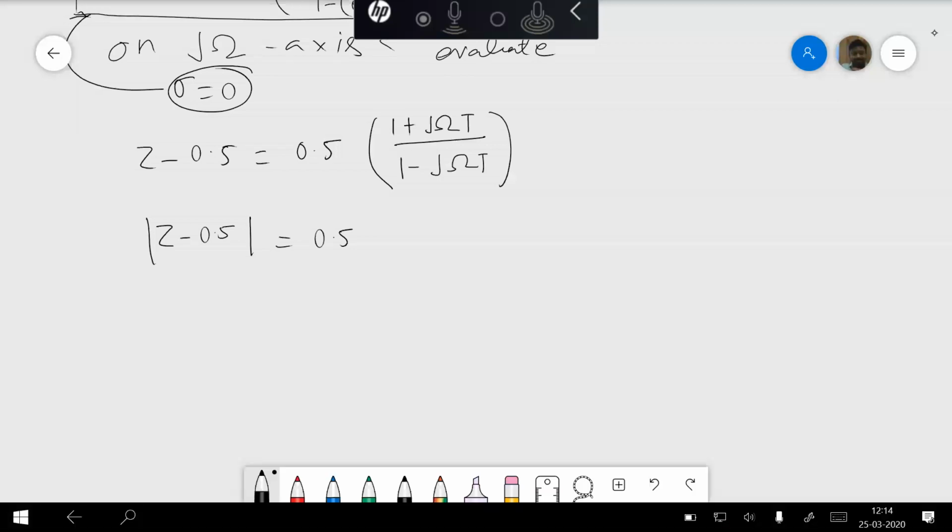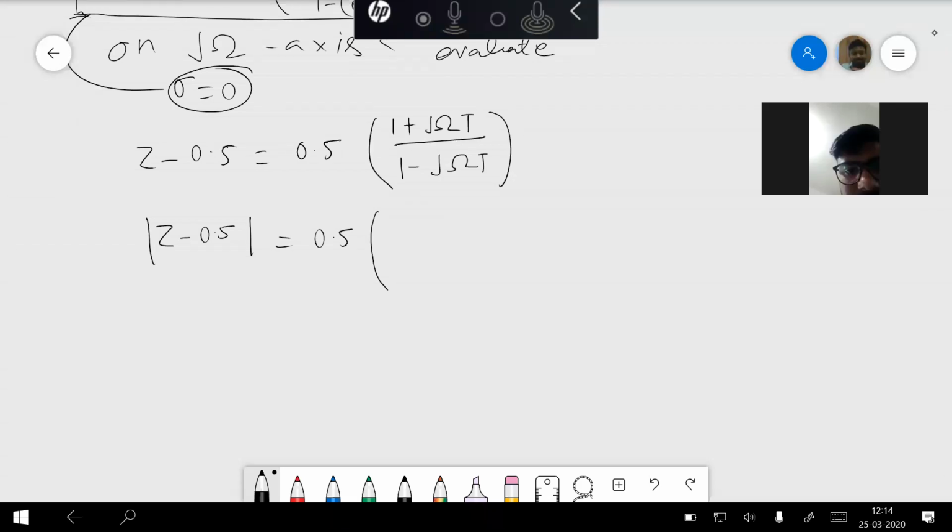Then what will be the magnitude of the upper part and the lower part? What is the magnitude of a plus jb and a minus jb? Right, it is going to be the same.